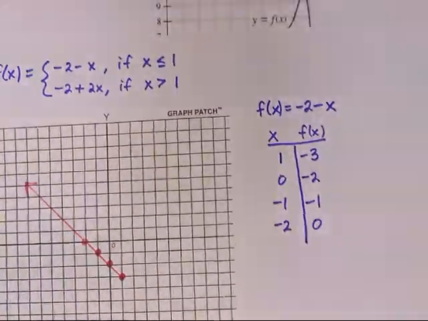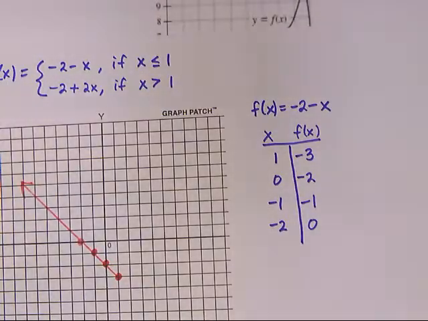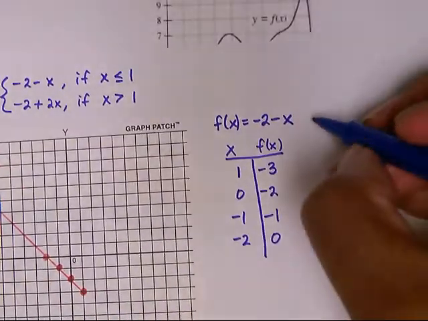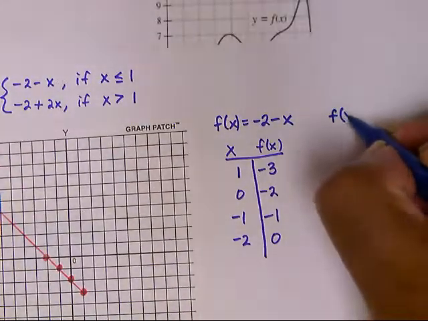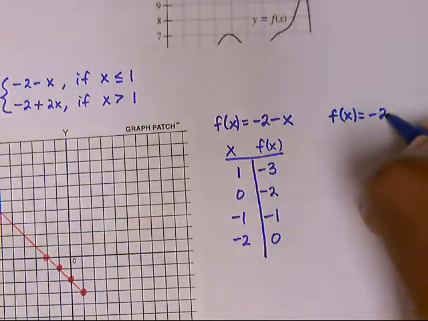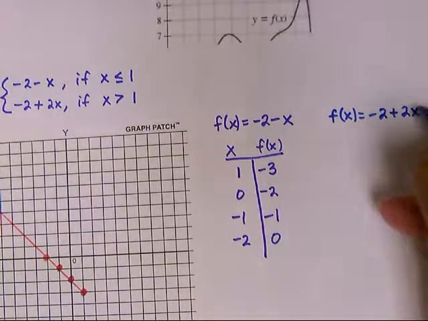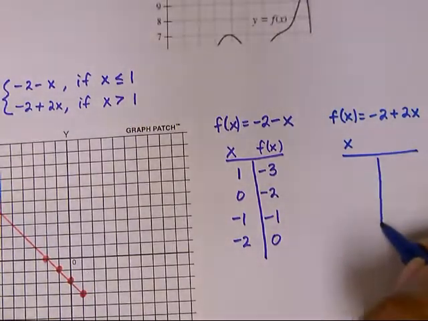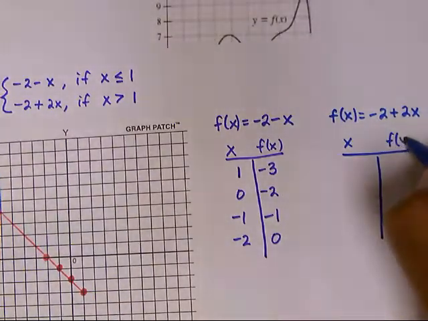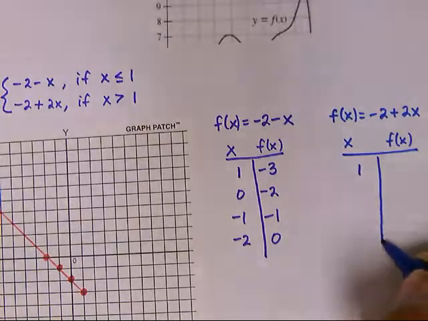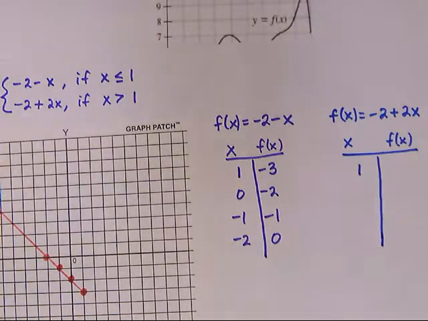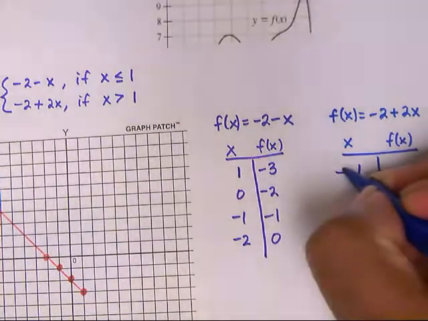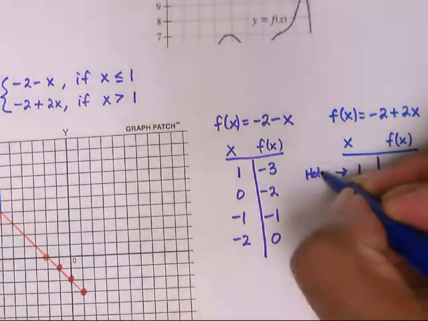And now for the other graph, f of x equal -2 plus 2x. And that's if x is greater than 1. But I'm putting 1 here because I want to find out what value it would be if x was equal to 1, because that's going to represent what we call the hole in the graph.